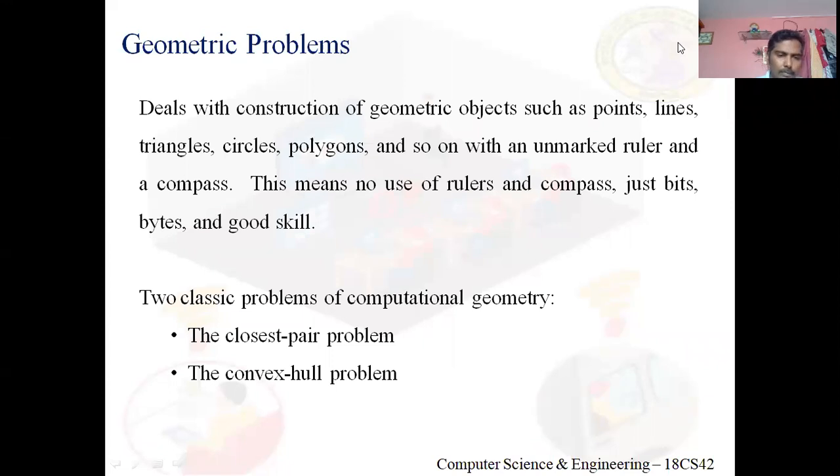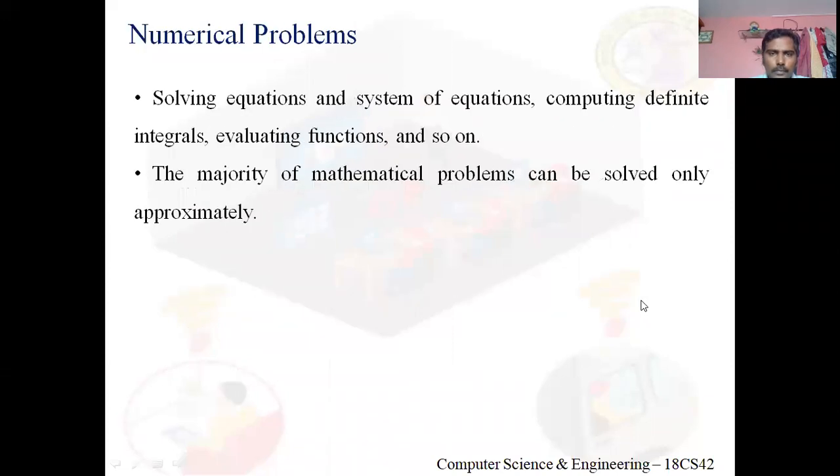Next, we'll have a look at numerical problems. In your C programming course itself, we have solved quadratic equations, right? Next, there are problems like determining the square root of any number, or determining whether a number is prime or not.